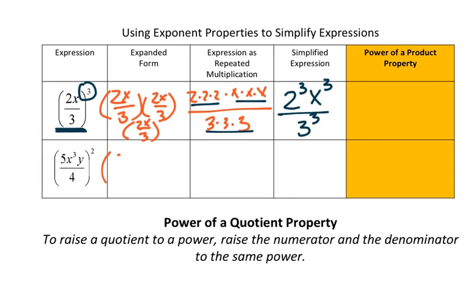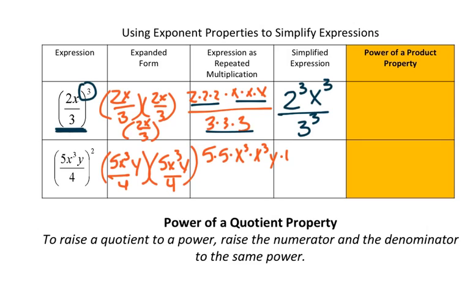One set of it, which is 5x to the 3rd power y over 4. And then the second one is 5x to the 3rd power y over 4. Combine my like terms. I have 5 times 5, x to the 3rd times x to the 3rd, y times y, over 4 times 4.